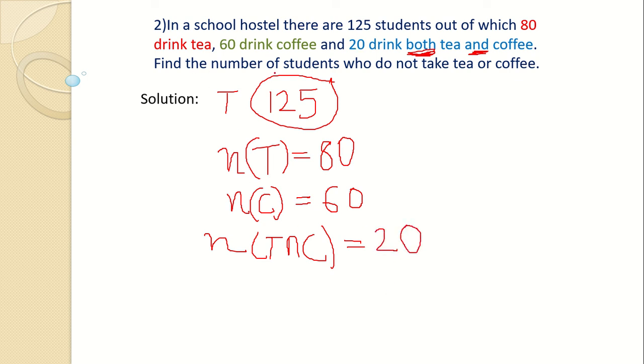Now find the number of students who do not take tea or coffee. These three things are given to us, and we are asked to find out the students who do not take tea or coffee at all.